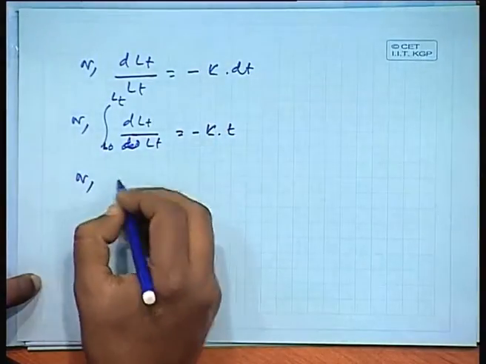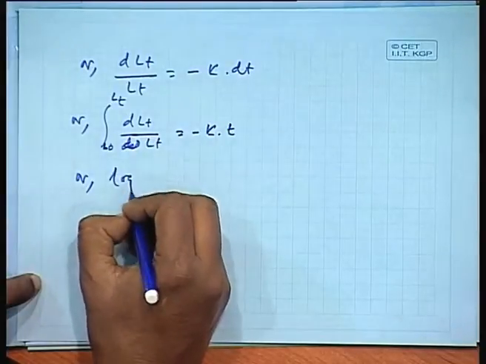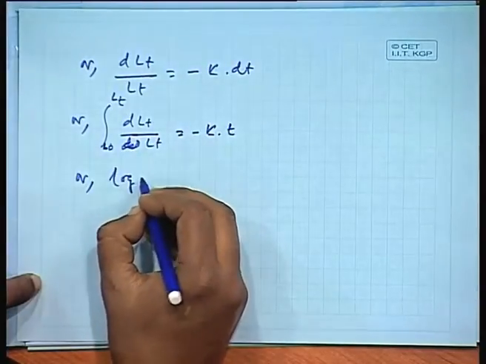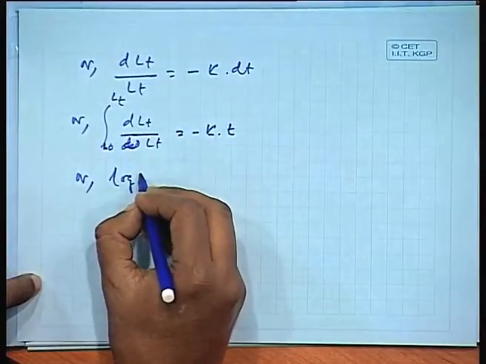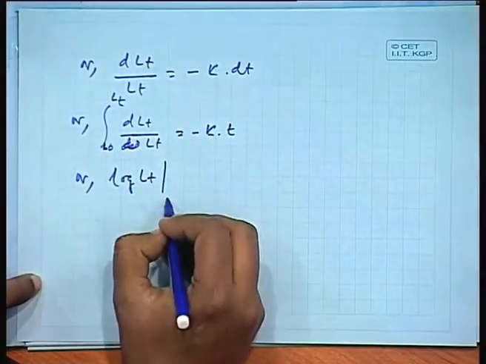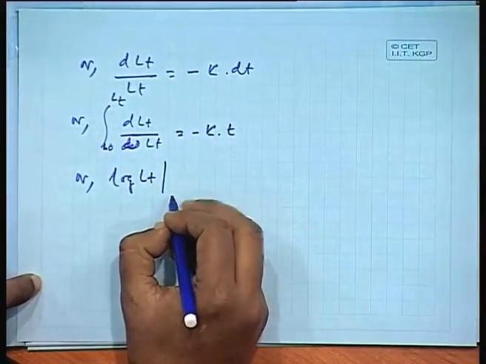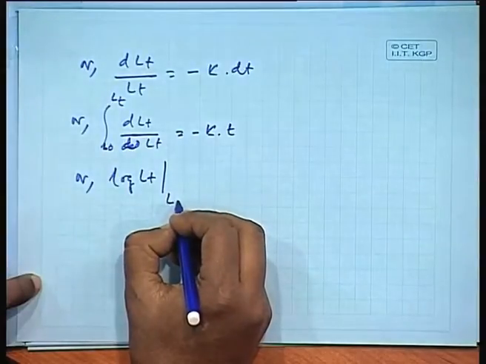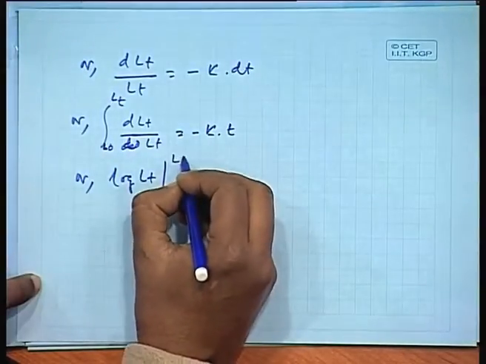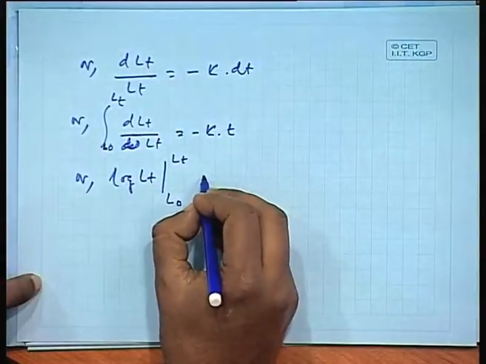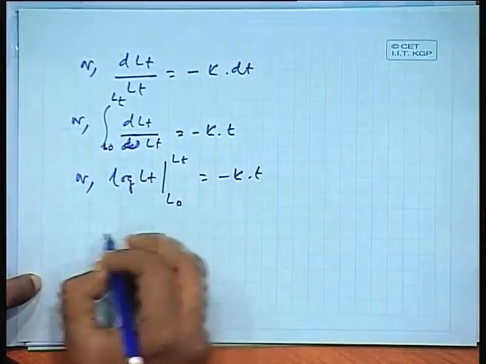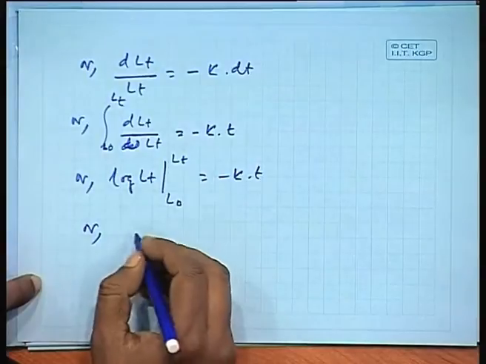So here it is log Lt from L0 to Lt, and this one is minus kt.